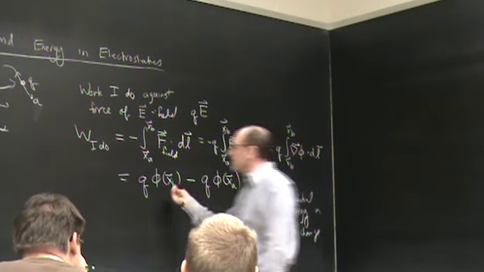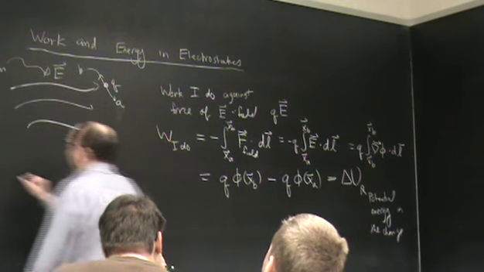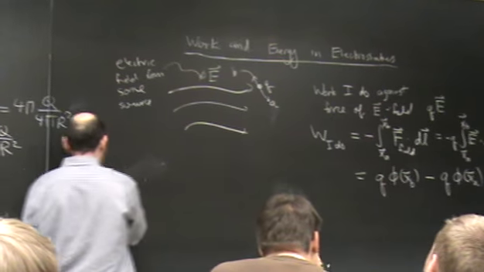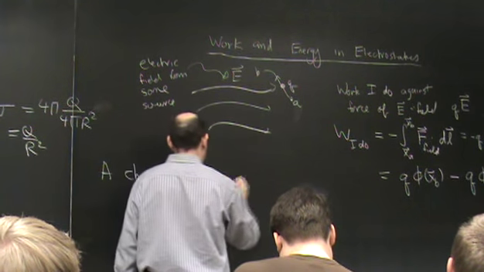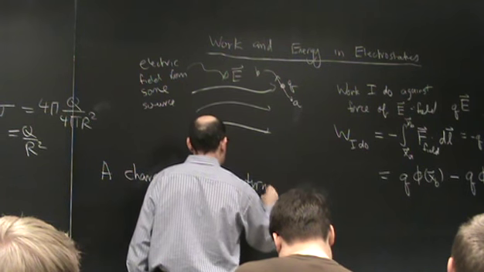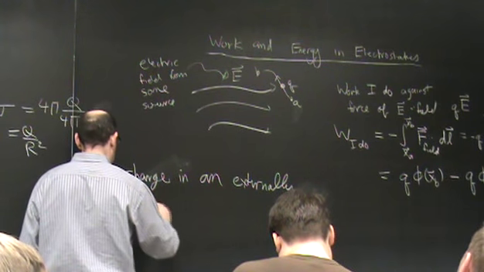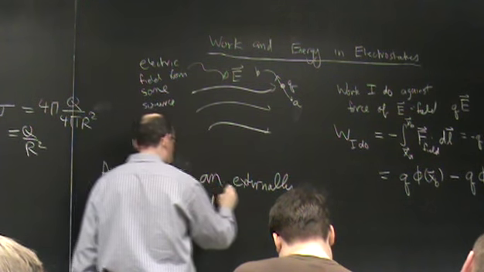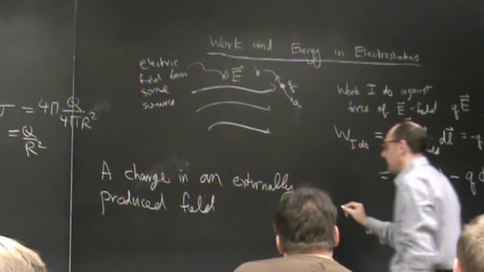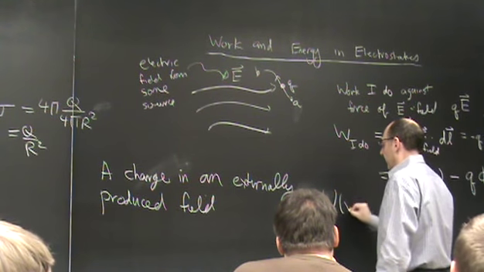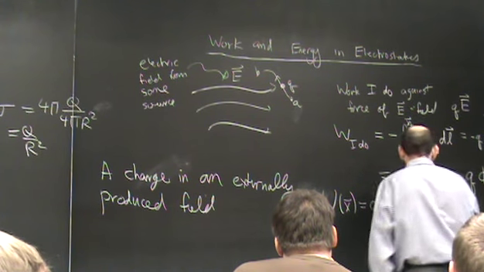So the potential energy of a charge in an external field, where some source produces the field, is the charge times the local electrostatic potential.